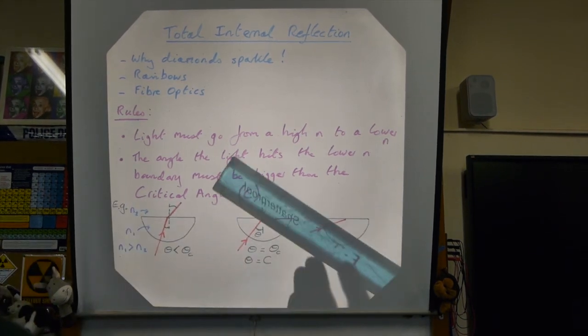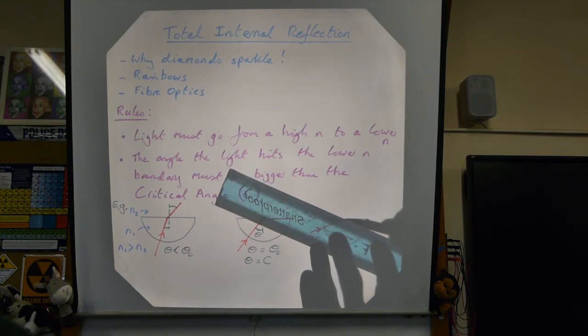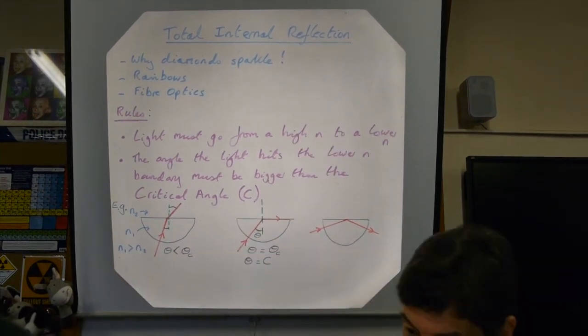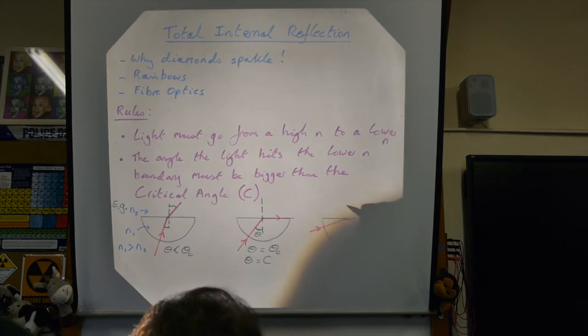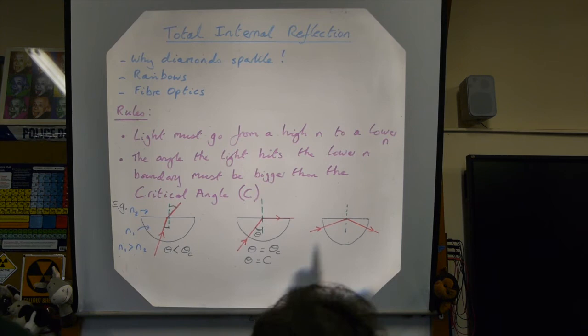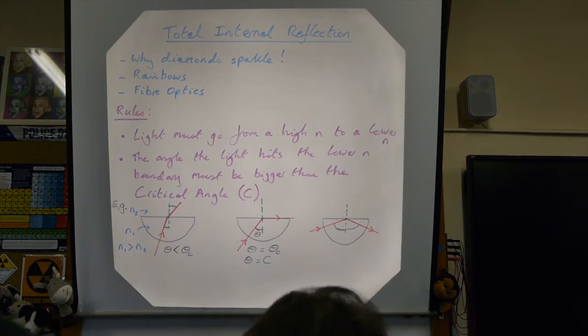Now, I usually mess up my angles here, but let me try my best. Is that any good? Okay, there we go. So I'll draw the normal on, and you're now in the realms of this angle here. That one is equal to that one.